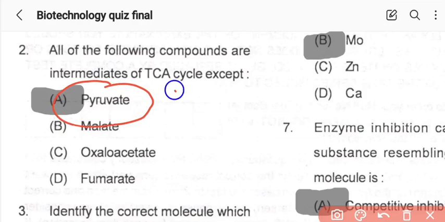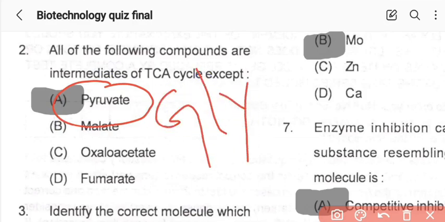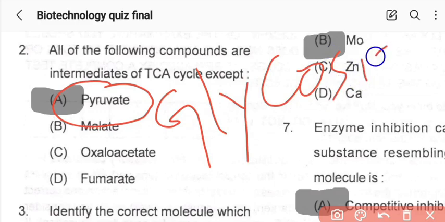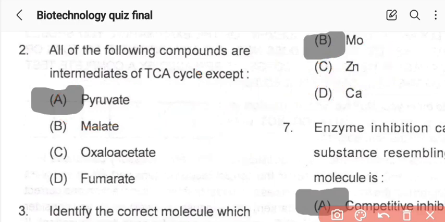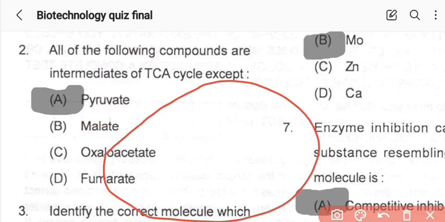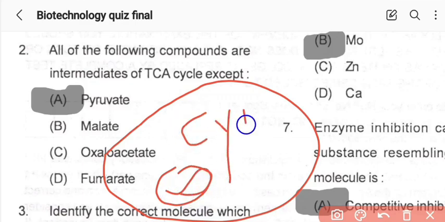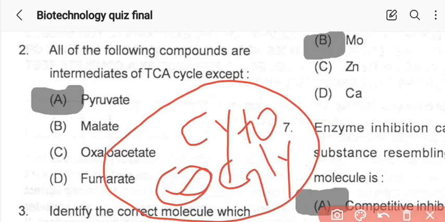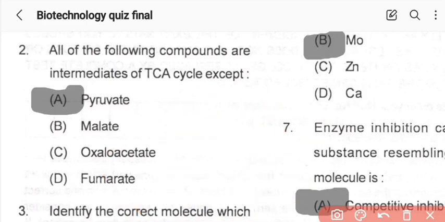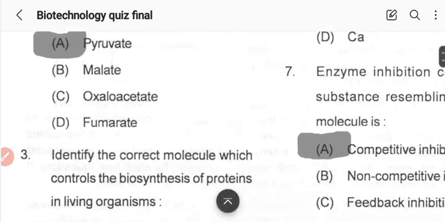It is part of glycolysis, which happens inside the cell, not in mitochondria but in the cell cytoplasm. If this is the mitochondria, this is the cytoplasm, then glycolysis happens in the cytoplasm. So pyruvate is not part of the TCA or tricarboxylic acid cycle.